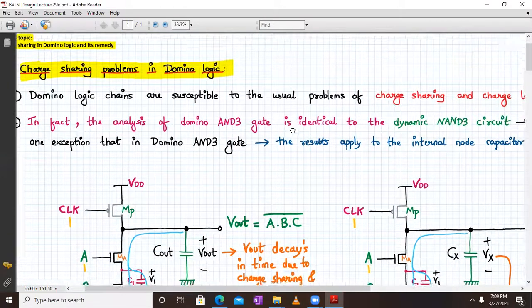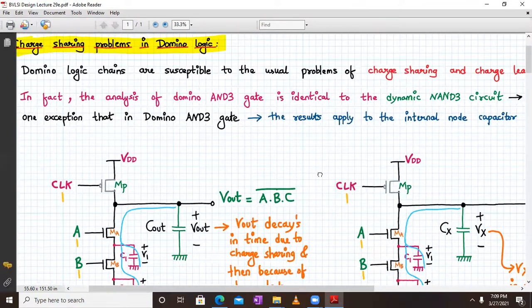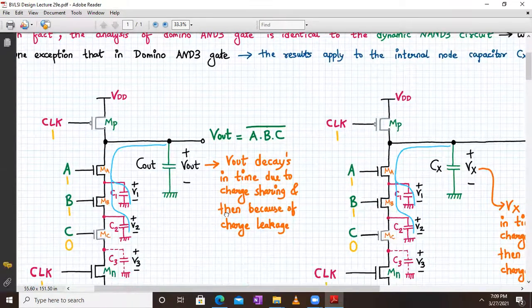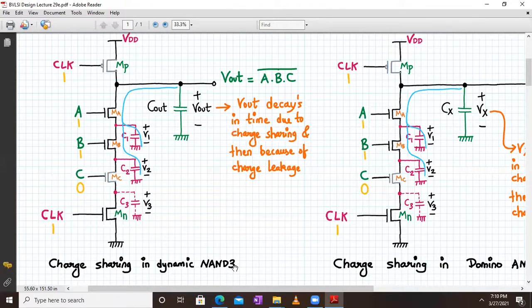So the charge sharing problem was already discussed in dynamic CMOS logic, but it is also there in your domino CMOS logic. We have analyzed the charge sharing in case of dynamic CMOS logic before, especially in case of a dynamic NAND tree.